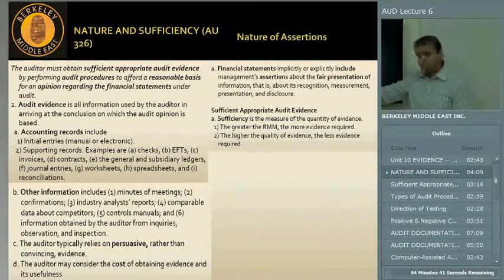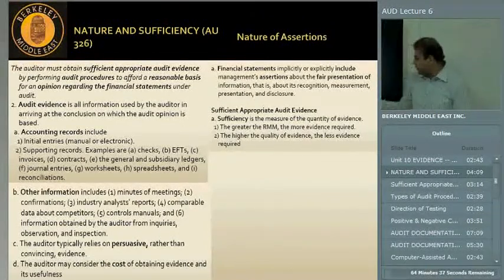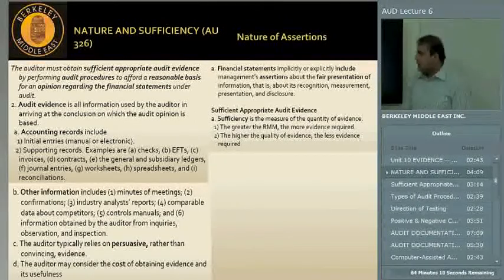These are initial entries. They can be manual, they can be electronic. They may be supporting documents, that is checks and EFTs, invoices, contracts, JVs, journal entries, worksheets, spreadsheets, and reconciliations. So these are some of the natures of the accounting records, but a lot of accounting records are there.